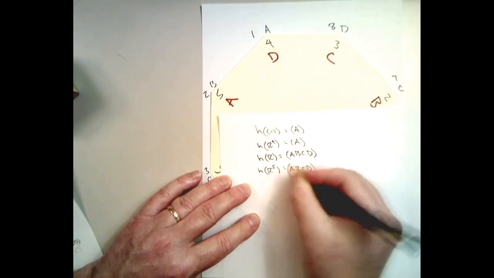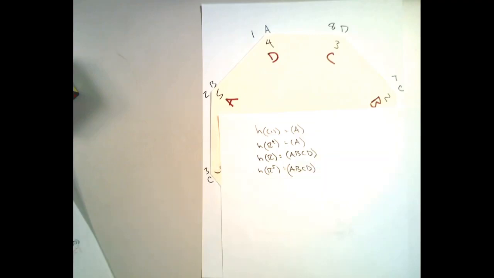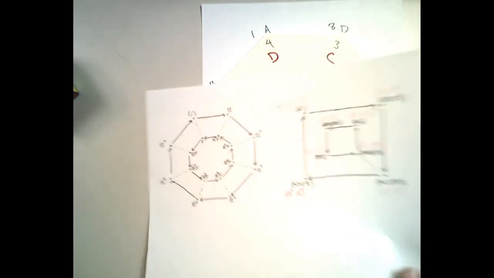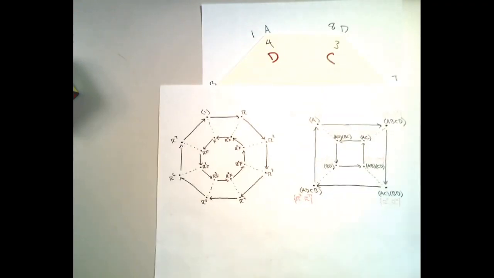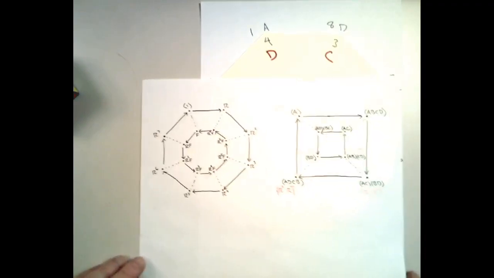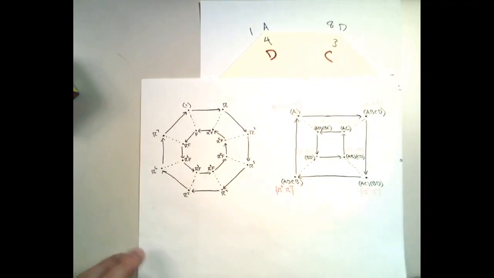And so we continued in this manner and assigned each member of Z8 cross C2 to the corresponding member of Z4 cross C2. We put that information together in a graphical representation.